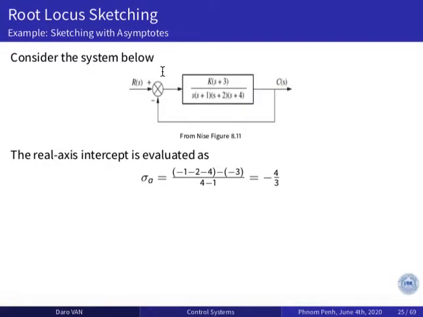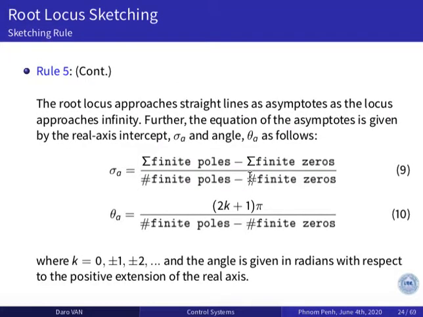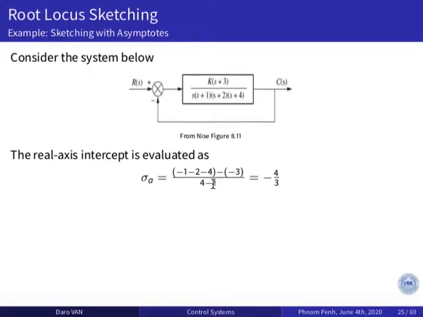For example, consider this system with negative feedback, and then you can compute the real axis intercept using these formulas: the sum of finite poles minus the sum of finite zeros, over the number of finite poles minus the number of finite zeros.